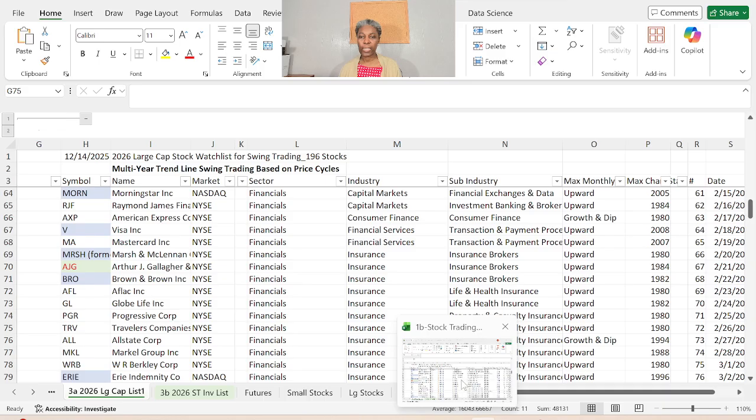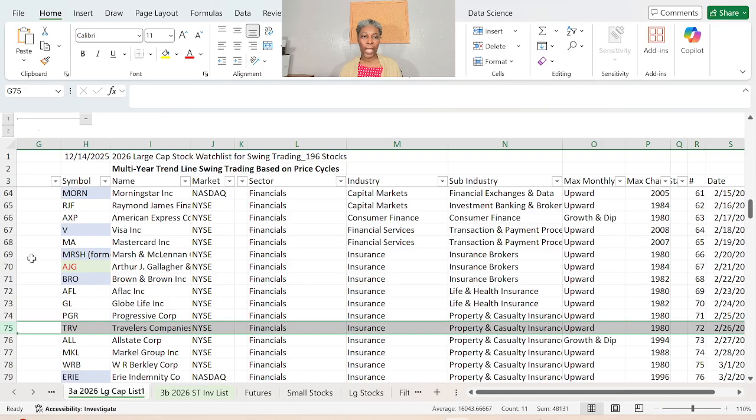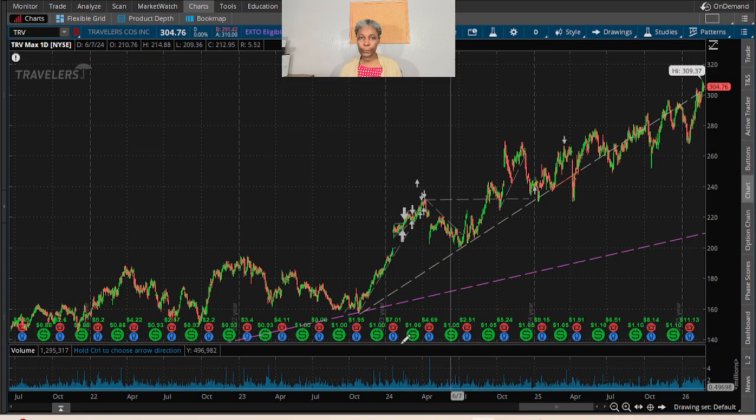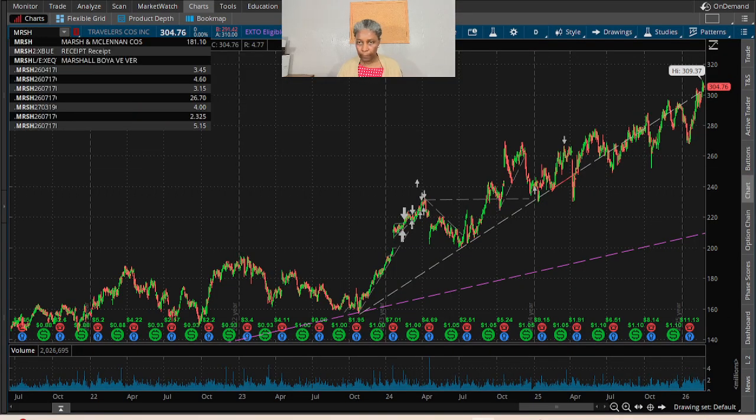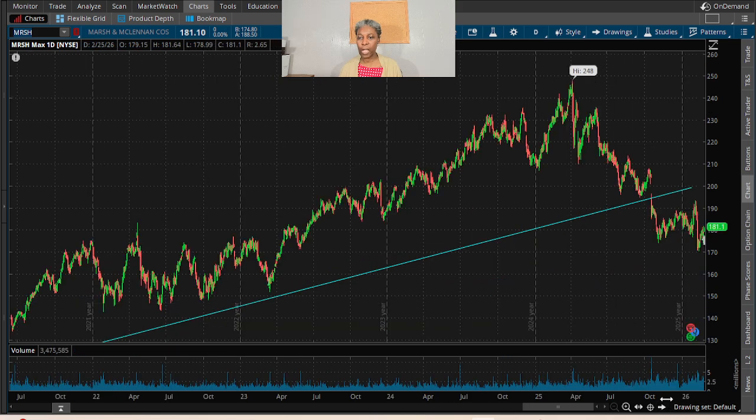I'm going to take another example. During the week, we analyze some stocks, and I mark them red to purchase, and I purchased some yesterday. So one is MRSH. And that was the reason why I still have the arrow there.